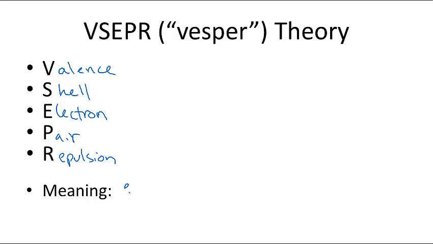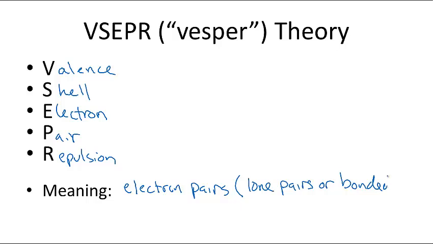Electron pairs, which can be either lone pairs or bonded pairs, will push each other away.